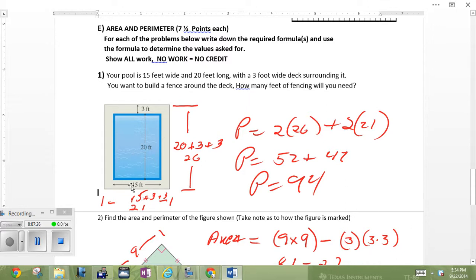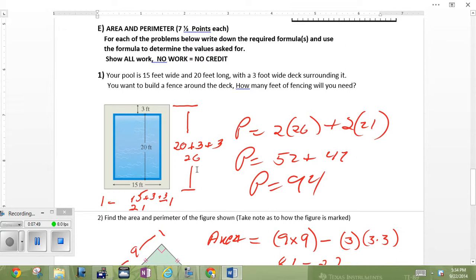So you get 15 plus 3 plus 3 is 21 feet on the side for fencing that you need. Likewise here, 20 feet and 3 feet on the border here and 3 feet on the border. That's 26 feet. And then it's the perimeter, 2 lengths plus 2 widths.